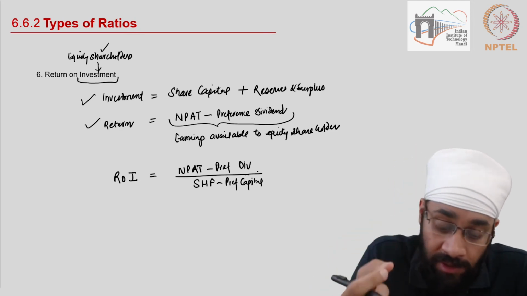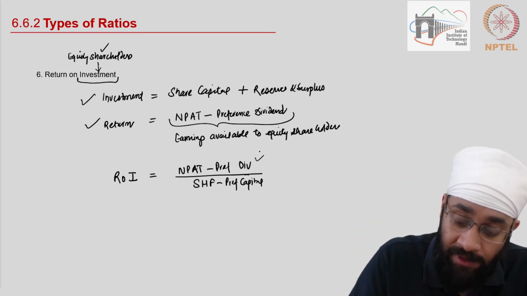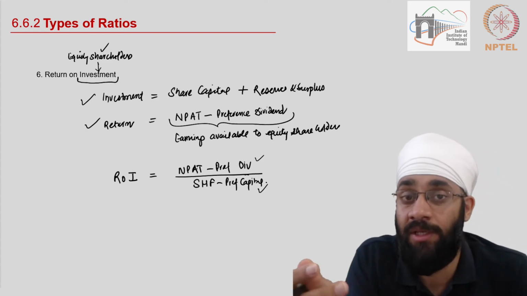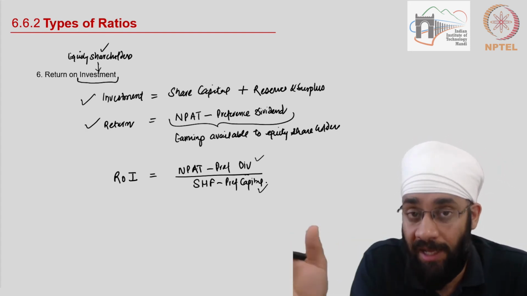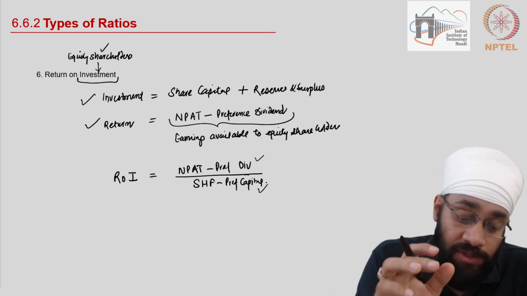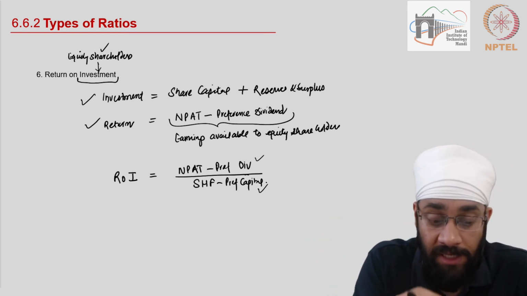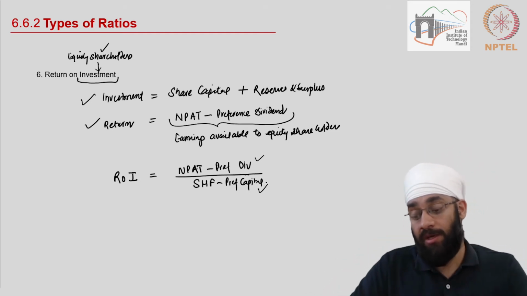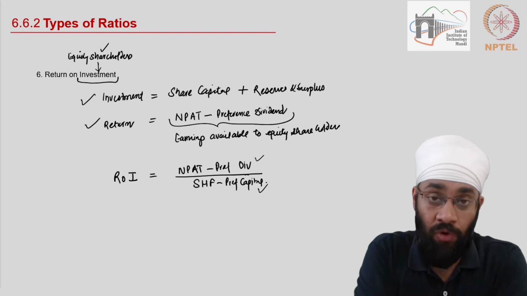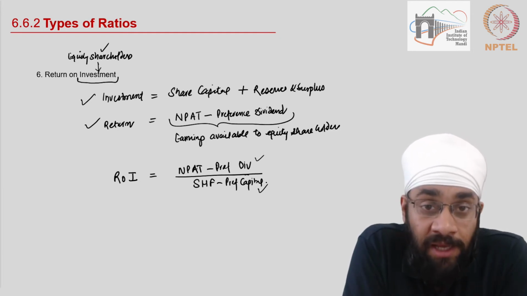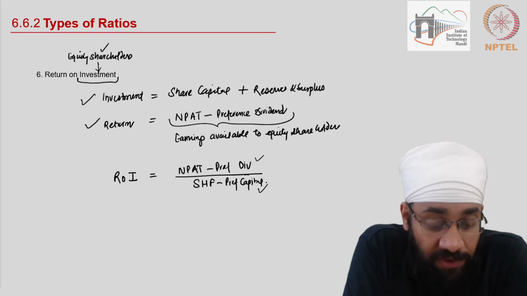So we take the numerator as the return to the equity, and in the denominator we take the money invested by the equity shareholders and take out the contribution of preference shareholders. So return on investment again is from the point of view of the equity shareholders. Let me emphasize here that if you look at different textbooks, everybody defines these numbers differently. You could redefine return on investment.